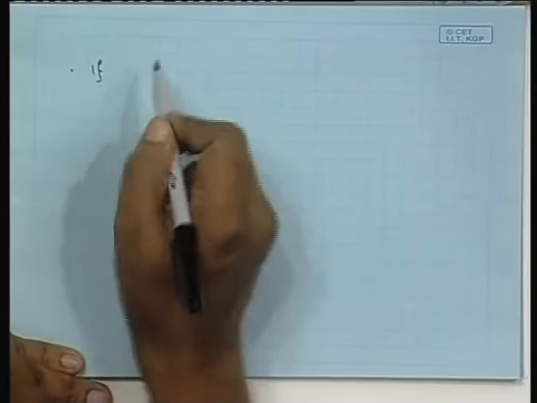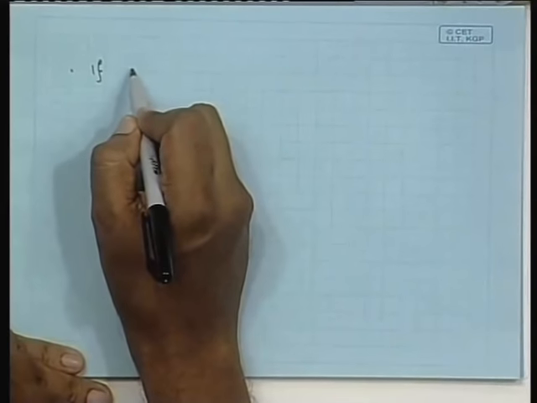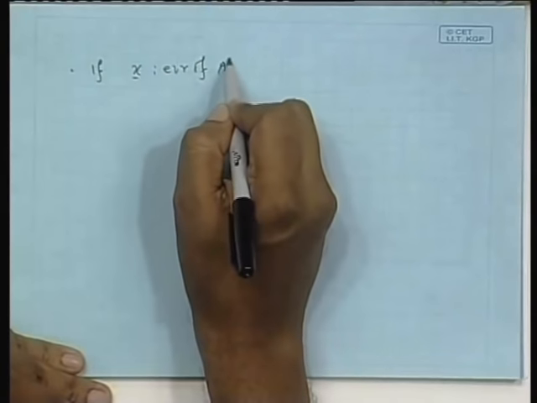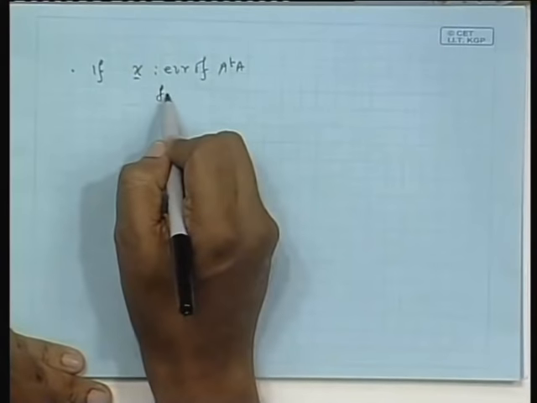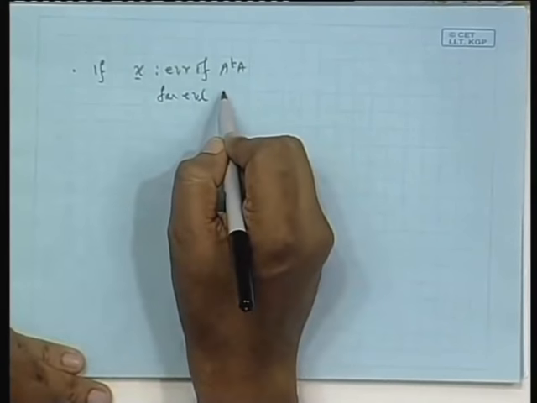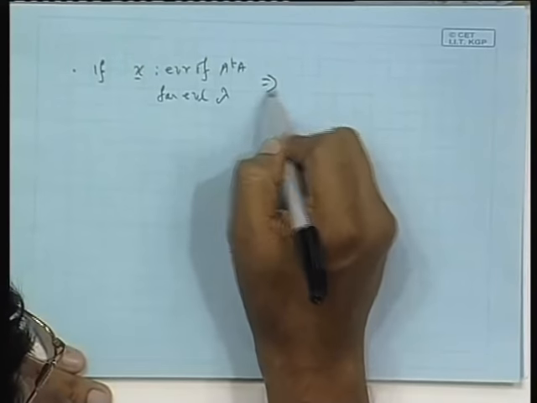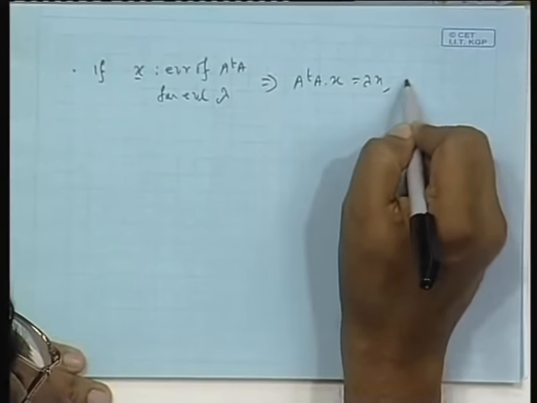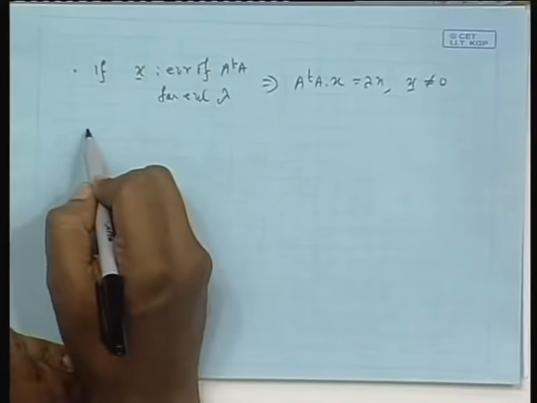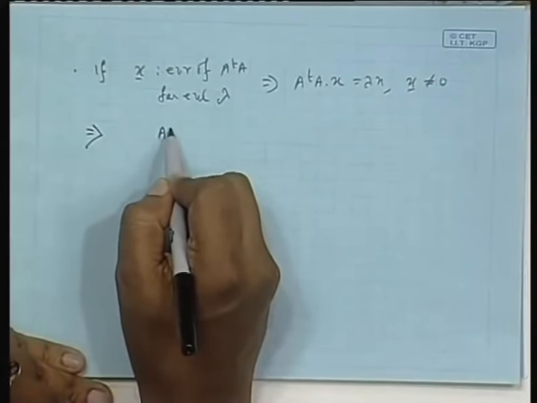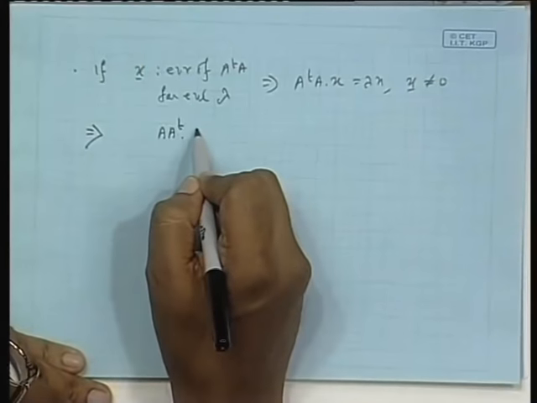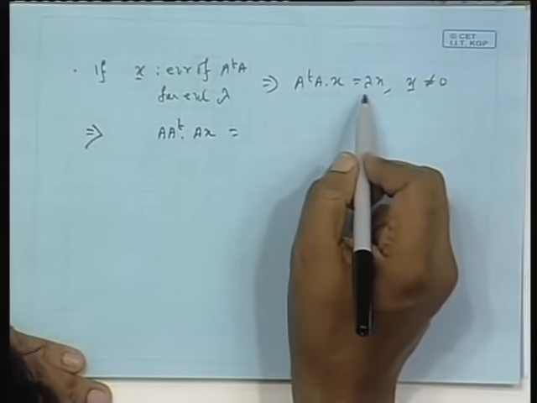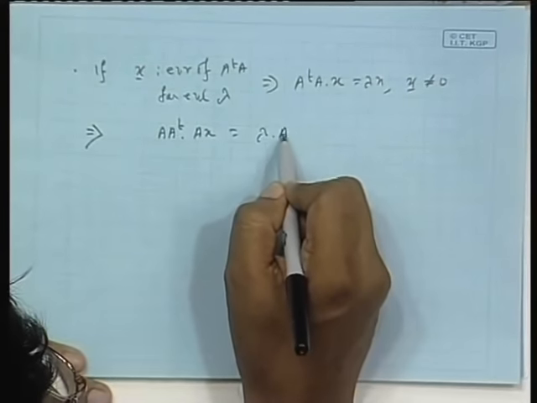If x is an eigenvector of, say, A transpose A for eigenvalue lambda, meaning A transpose A x equals lambda x and x is not equal to 0, then if you consider this vector A x, A transpose A x is lambda x, if you put that back, it is again lambda A x.